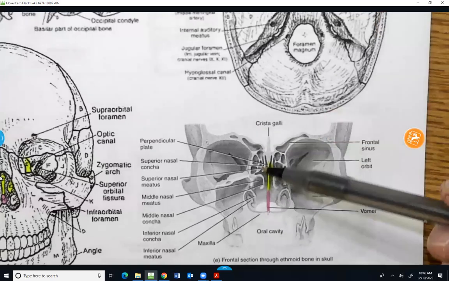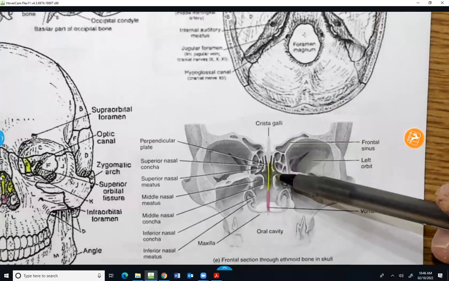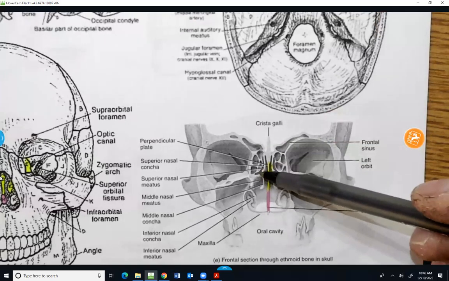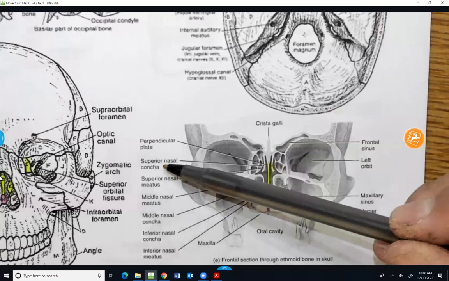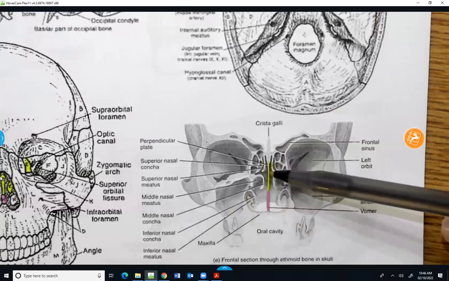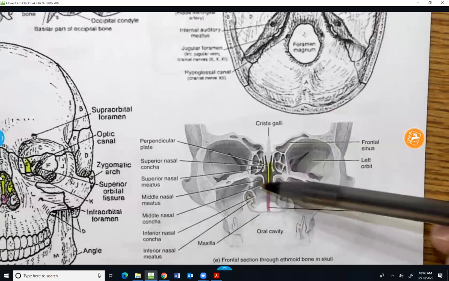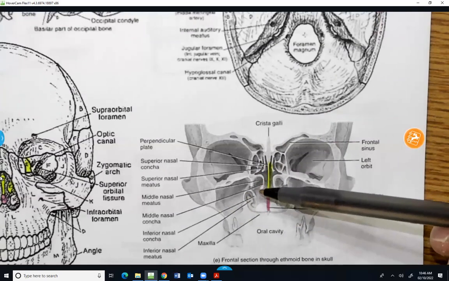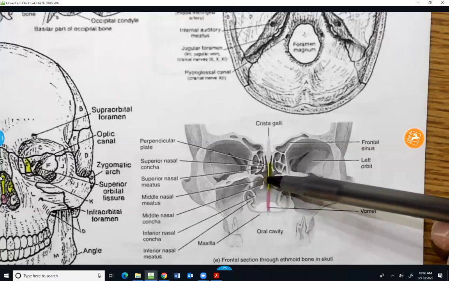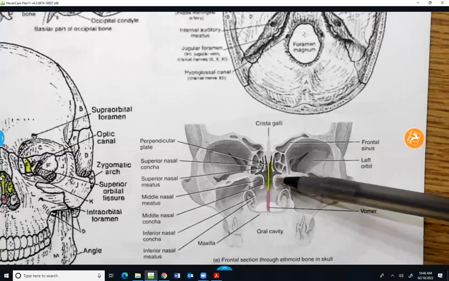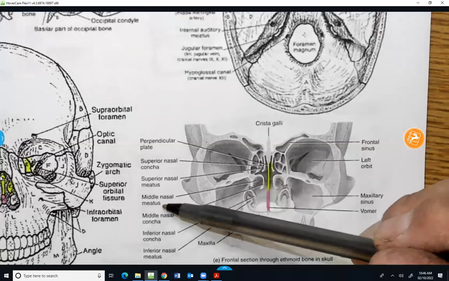Now, this view also gives you a nice illustration of these hook-like structures. Each of these little hooks is called a nasal concha, okay? What they enable, way back into the nose, is that your nasal cavity becomes compartmentalized. There are these little spaces, little grooves, each of which is called a meatus.